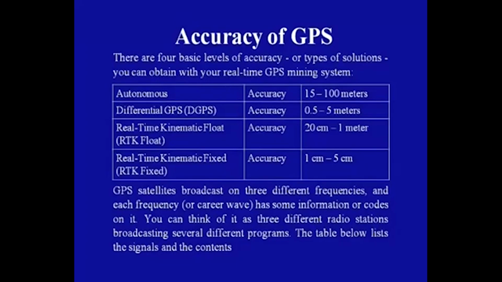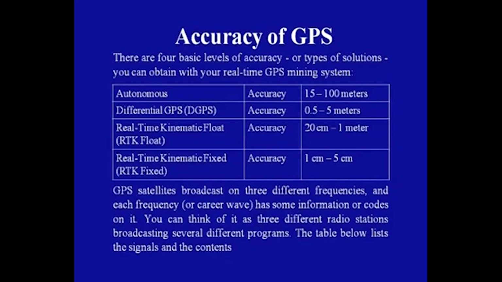I come to the end of the different types of GPS positioning methods. Before I finish this lecture, it would be prudent to record what accuracies we can achieve with different types of GPS methods. So, let us look at the accuracies which can be achieved.